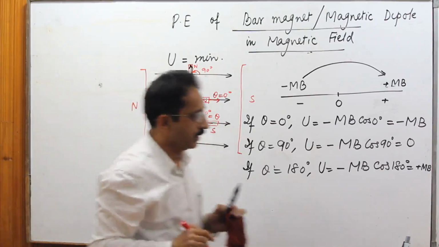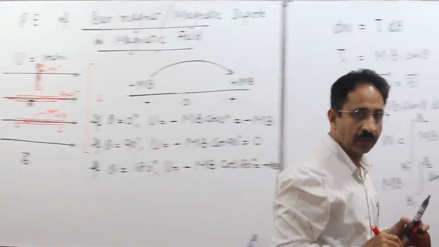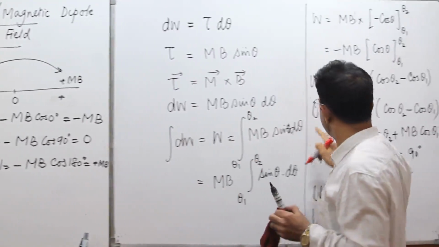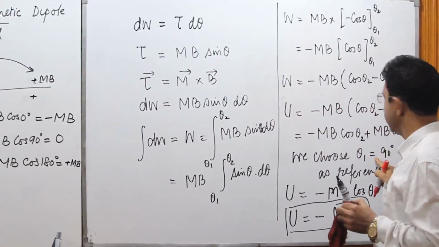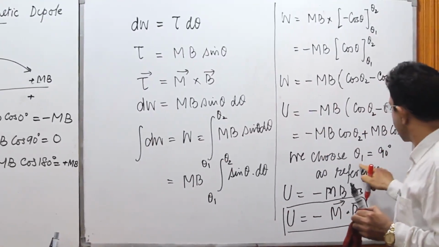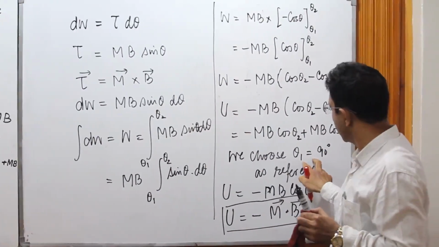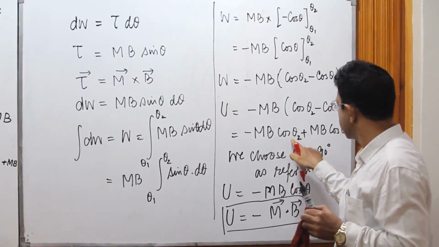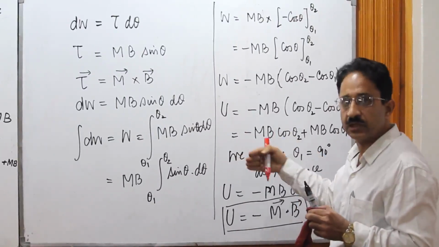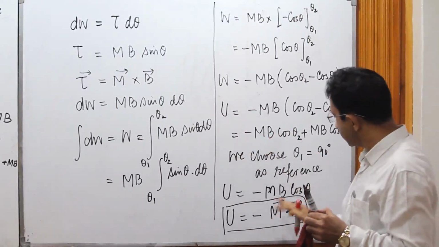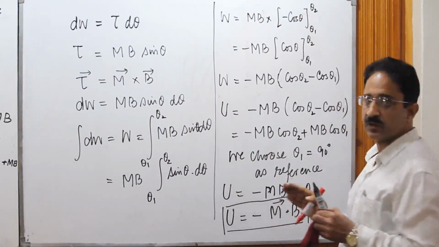अब इस चीज को लेके I have a justification here कि मैंने उस पोजीशन को जब मैंने थीटा 1 को 90 डिग्री लिया, actually I have taken this as the zero potential energy position. With respect to this zero potential energy, if this lies at some angle theta now, or theta 2, or theta, it has a potential energy given by this expression.